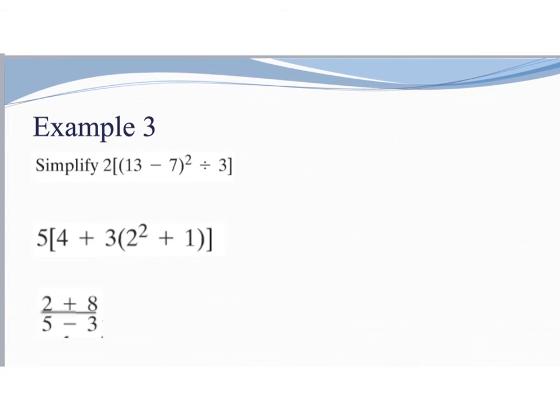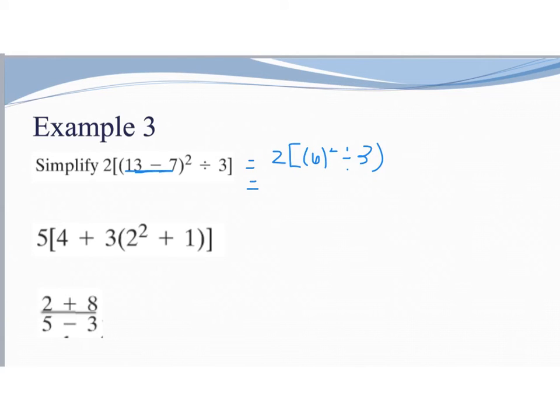For example 3, we're told to simplify. So I'm going to start out in the innermost parentheses, which in this case is going to be the 13 minus 7. So this is going to give me 2 times 13 minus 7, which is 6, but then I'm going to have to square that. And then I'm going to take that answer and divide it by 3.